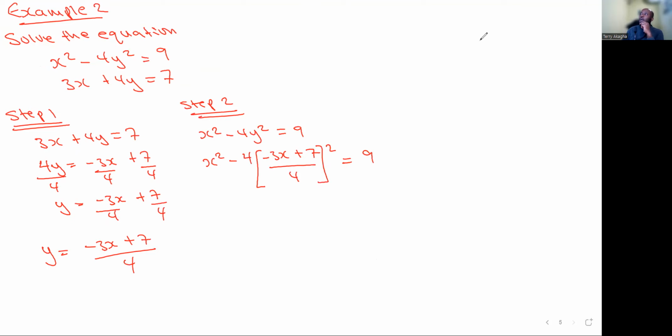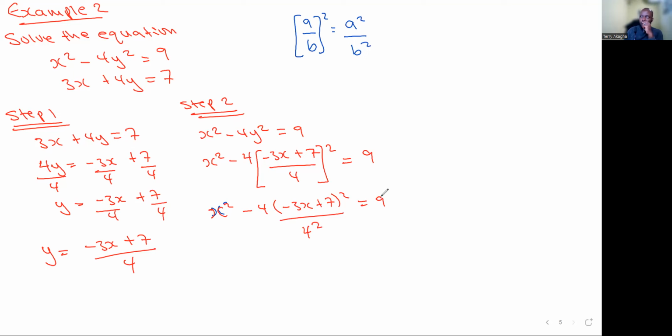So like I told you earlier, the rule, when you have a over b all squared is equal to a squared over what? b squared. So I can write this again as x squared minus 4 into bracket minus 3x plus 7 squared divided by 4 squared is equal to 9.